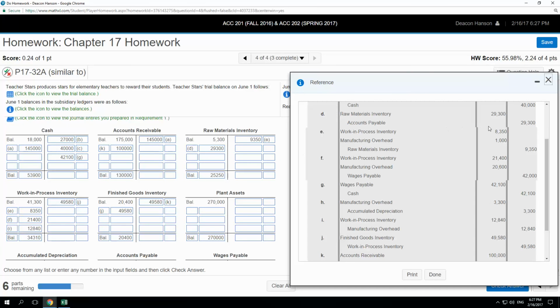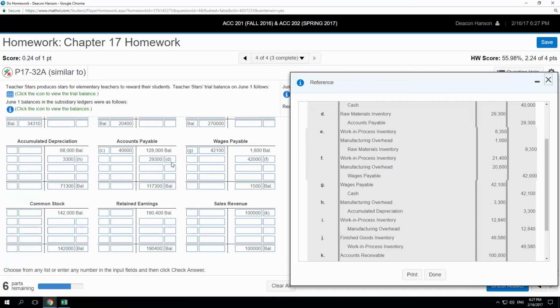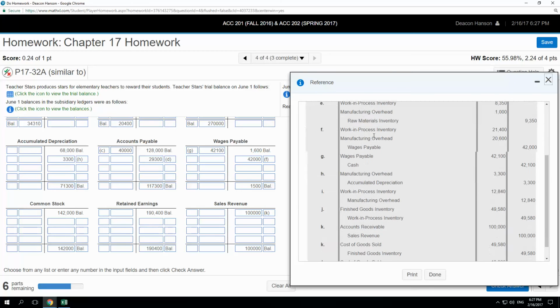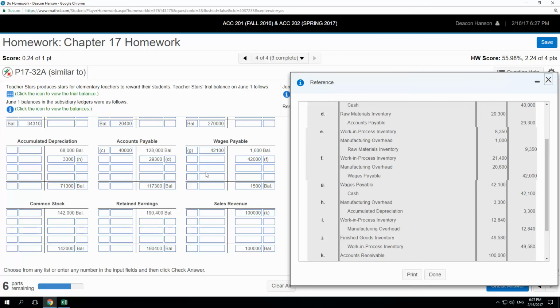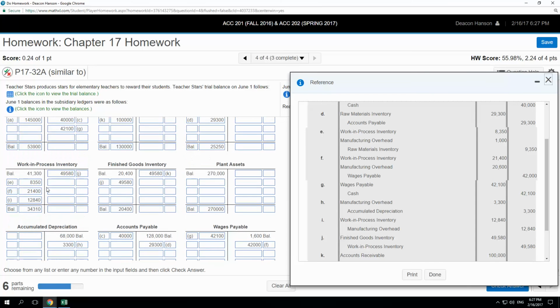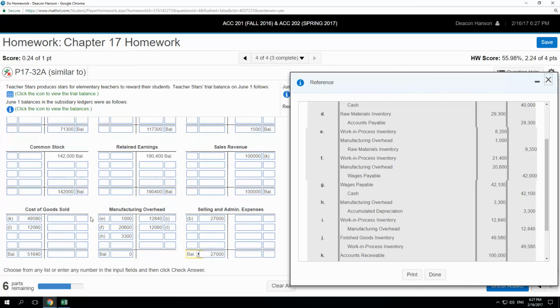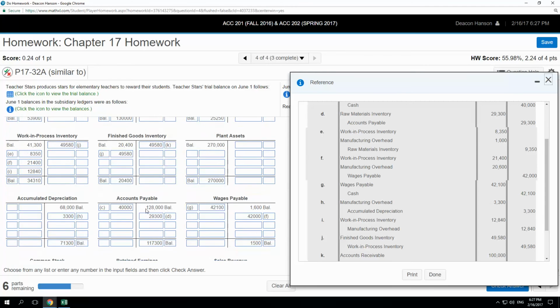D, okay. And accounts payable credit 29,300. D. E, work in process debit 8,350. E, manufacturing overhead debit 1,000. E, raw materials credit 9,350.